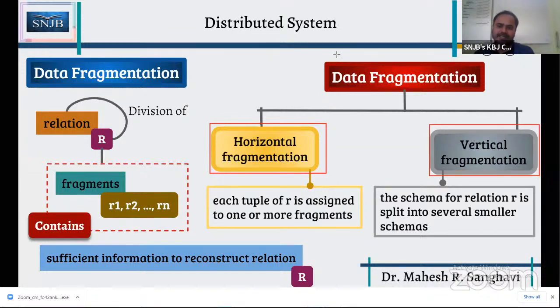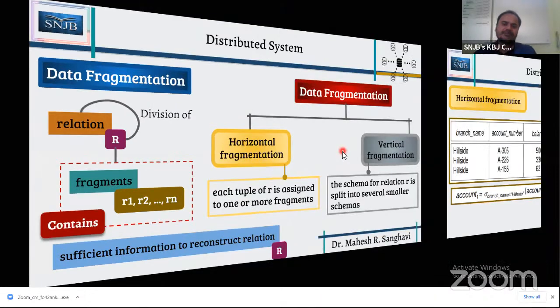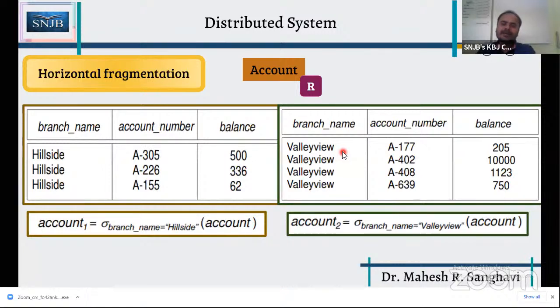Fragmentation is simply dividing the database into smaller parts, because in a distributed database we are talking about bigger databases. So here we observe the concept of horizontal fragmentation first. Suppose we have a relation R, whose name is, let's say, account. We are dividing this R into two fragments.